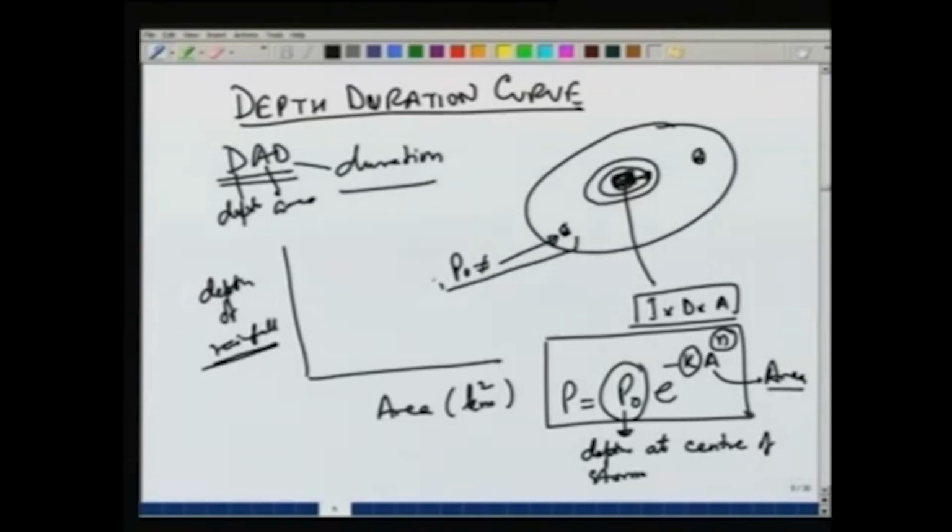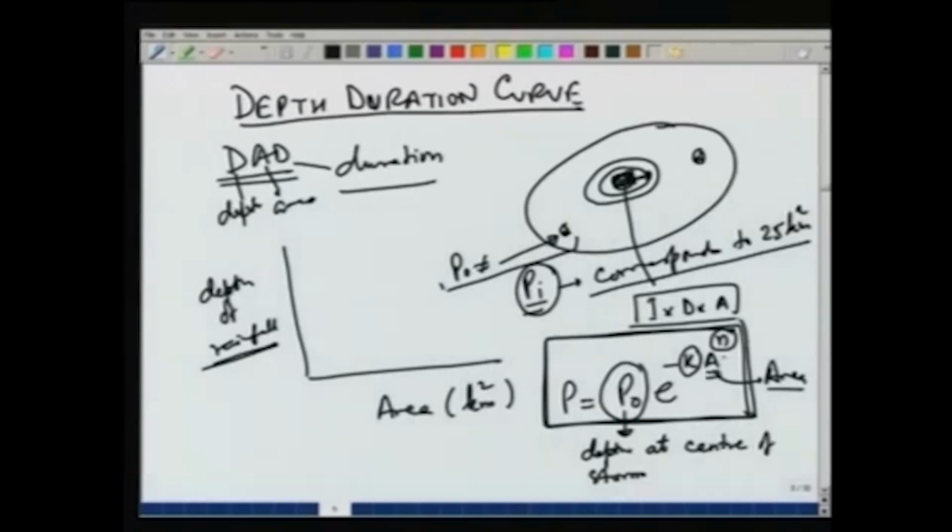And what we assume is that the point value at the rain gauge represents an area of about 25 square kilometers. So, the P I at the rain gauge corresponds to about 25 square kilometers. So, using this we can estimate the P naught using this equation, putting the area equal to 25 square kilometer and P equal to P I. So, P naught can be estimated and then we can estimate the depth of rainfall for any given area using this curve.